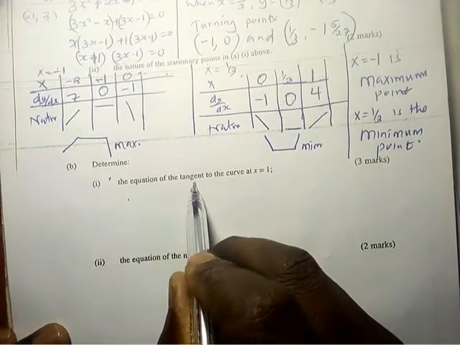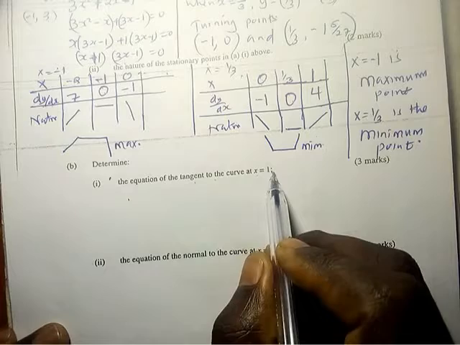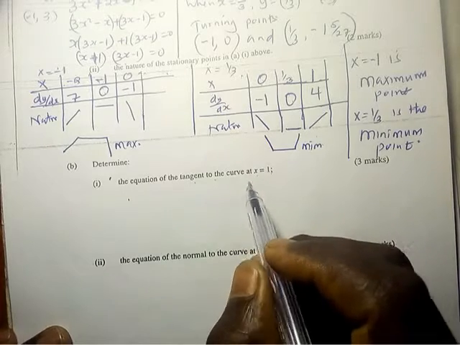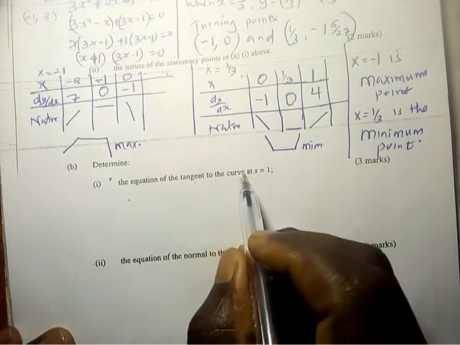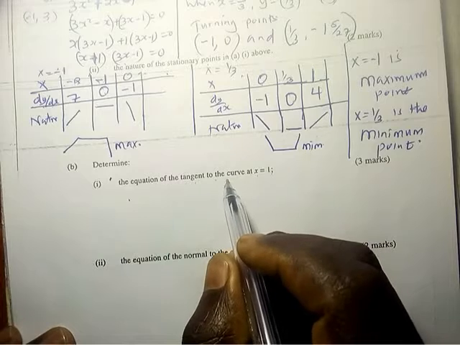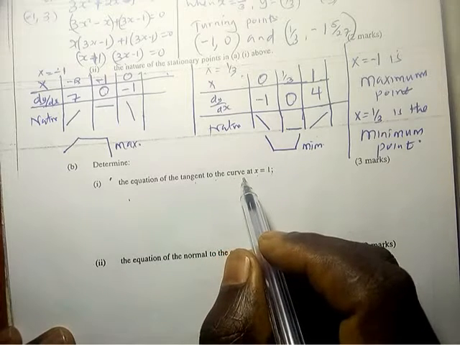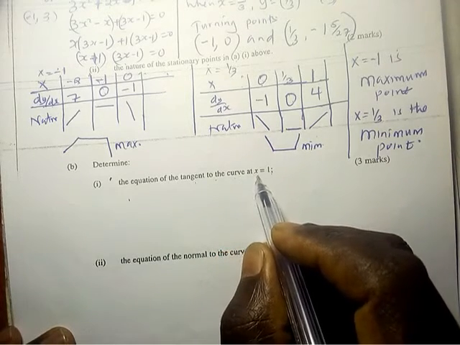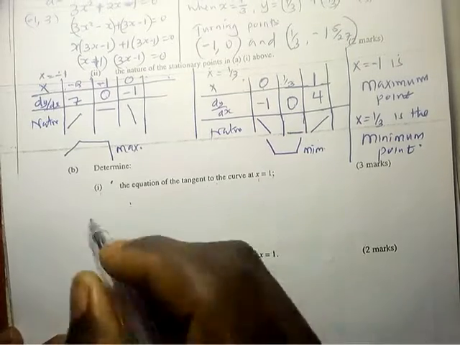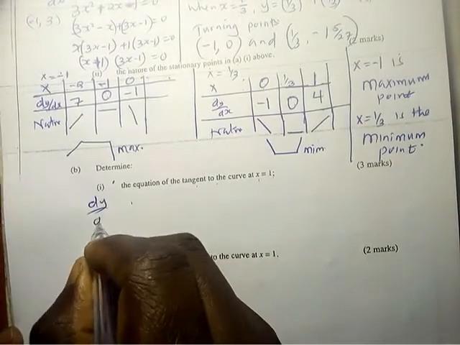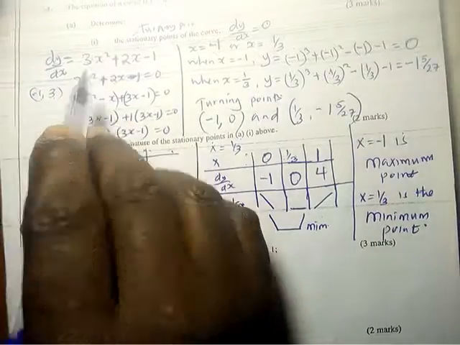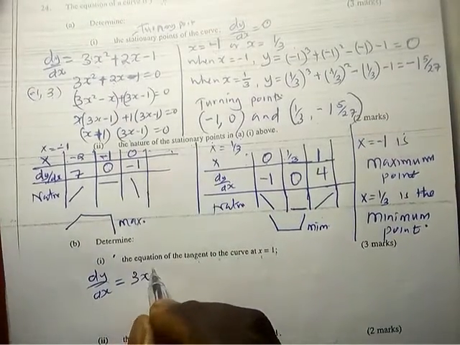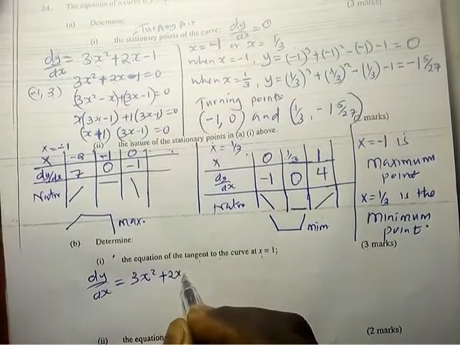Determine the equation of the tangent to the curve at x is equal to this. So, for us to get the equation of the tangent, first we must get the gradient function and get the gradient at the point when x is 1. So the gradient function dy over dx we already have is 3x squared plus 2x minus 1.